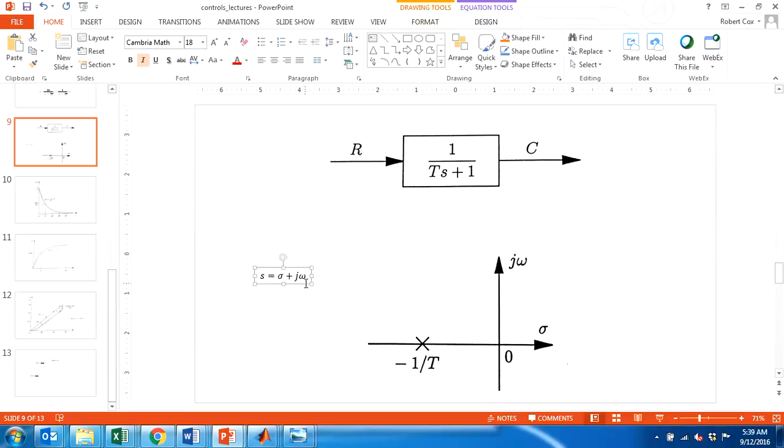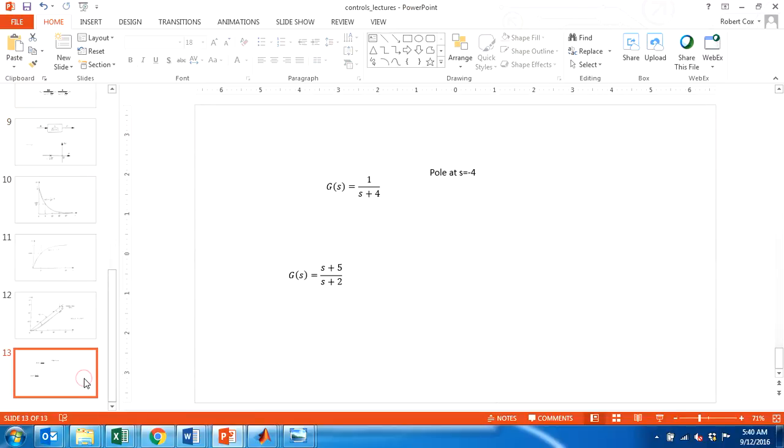But in general, the transfer function G of s can have values on the real axis as well as on the imaginary axis. Essentially, the transfer function is a function of a complex variable, sigma plus j omega, is the way we'll write that. So let's look at what that means.